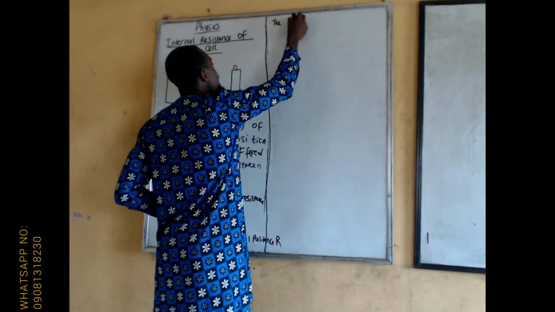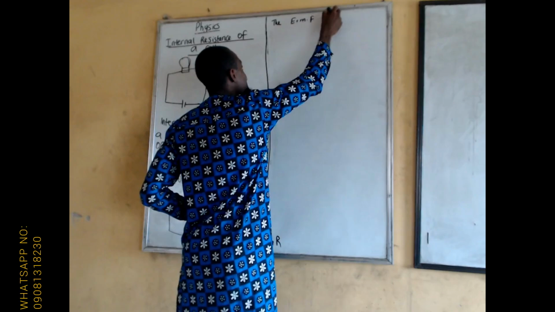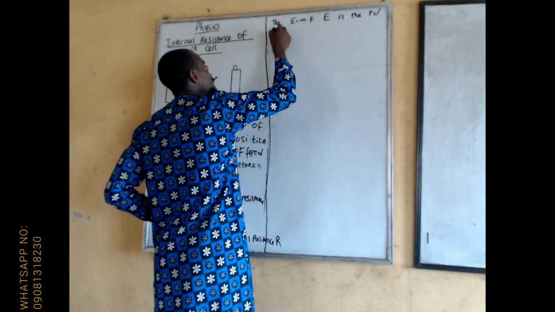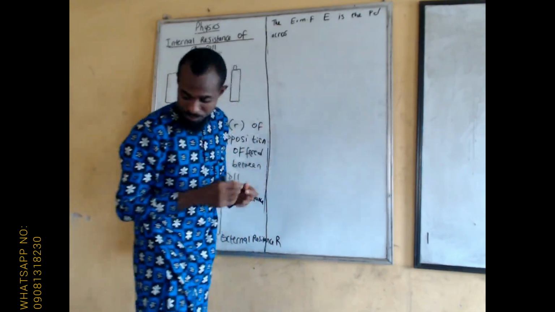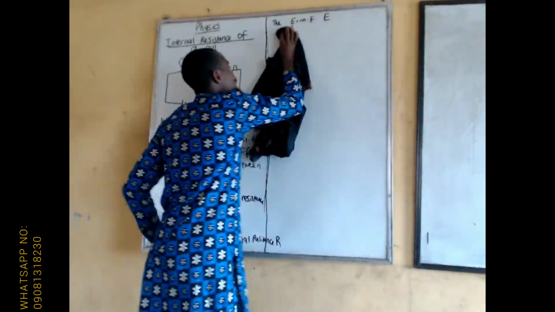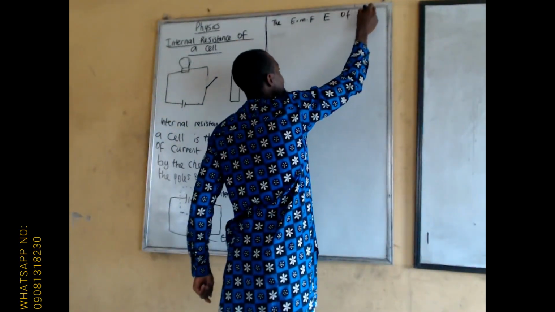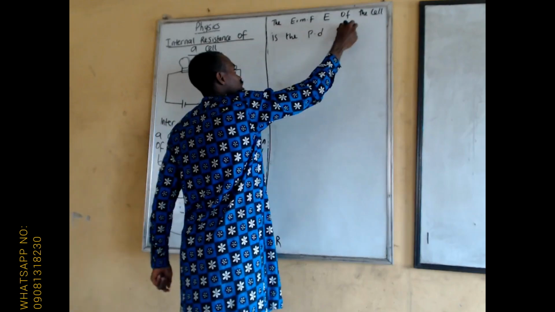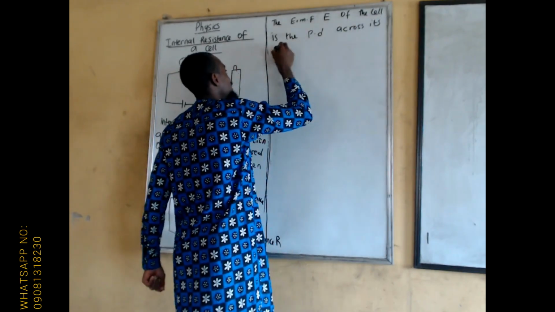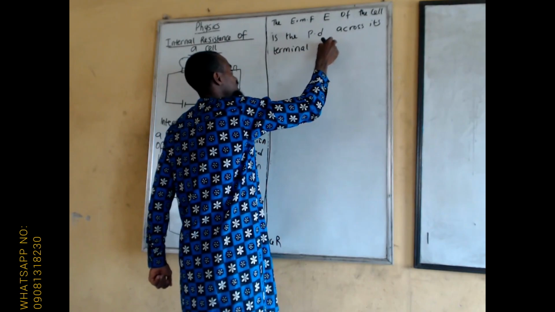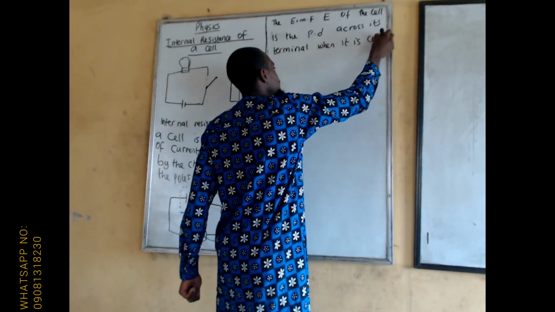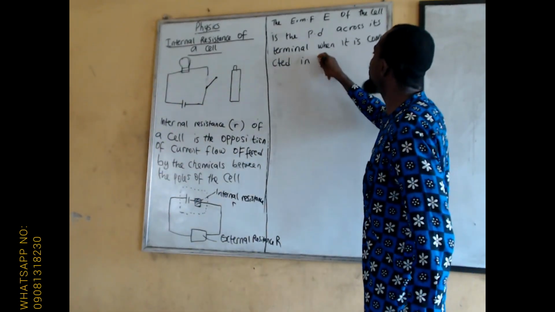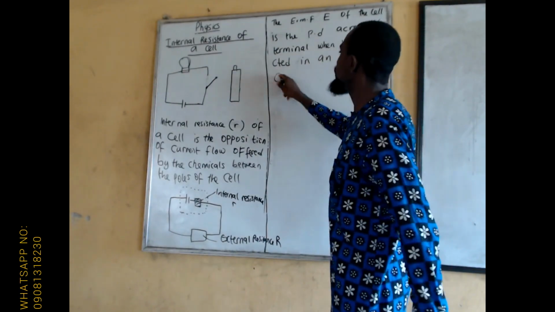The EMF, which we denote as E, is the potential difference across the terminals of the cell when it is connected in an open circuit.